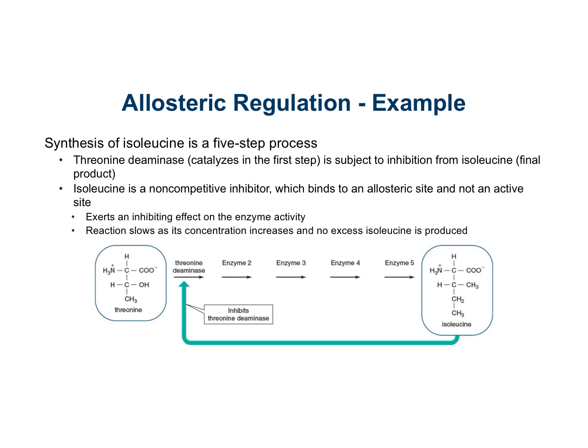And then when the concentration of isoleucine falls to a low enough level, the enzymes become active again and more isoleucine is synthesized. Now, this type of allosteric regulation, where the enzyme that catalyzes the first step in a series of reactions is inhibited by the final product, is an example of feedback inhibition.